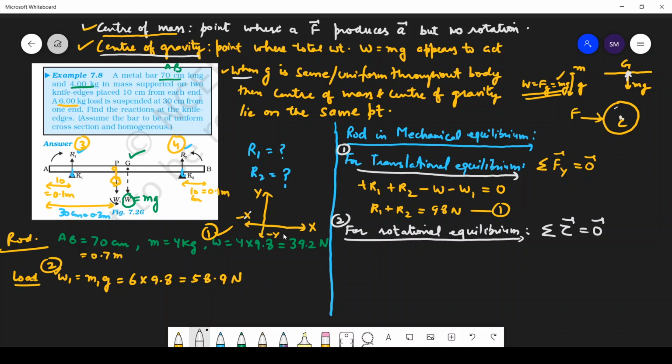So the direction that I am going to take is, if there is a rotation, if I am taking the moment in the anti-clockwise direction, so this is anti-clockwise direction. So this direction I will be taking tau as positive.